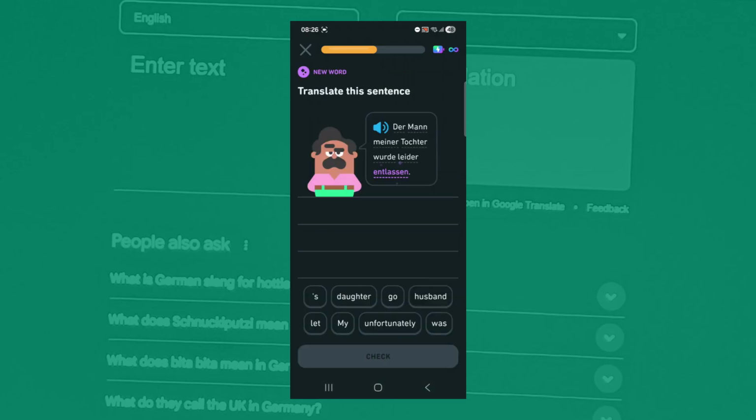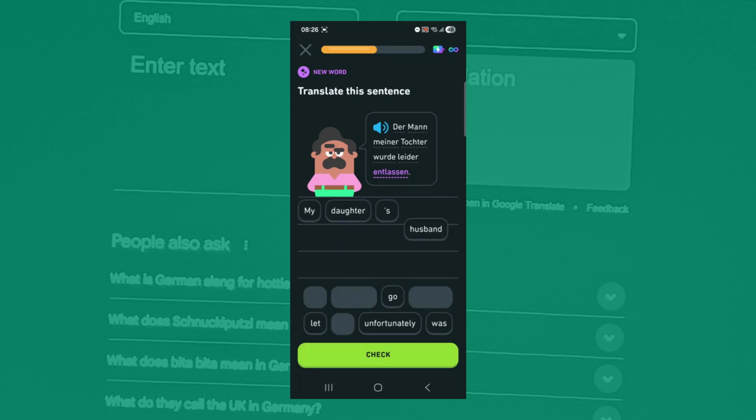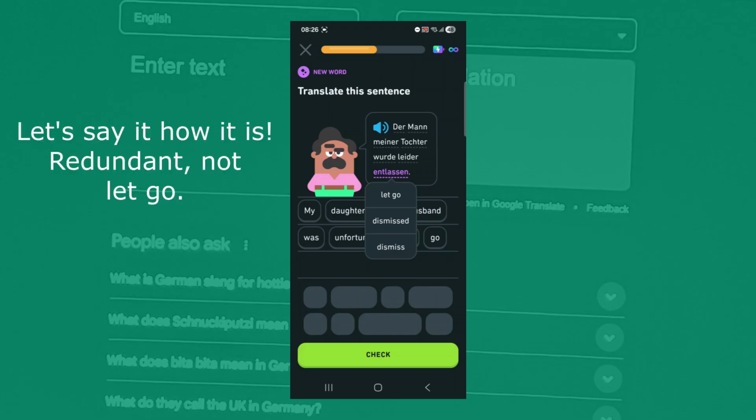Der Mann meiner Tochter wurde leider entlassen. My daughter's husband unfortunately. Okay, so entlassen. So he'd be made redundant, really, here.